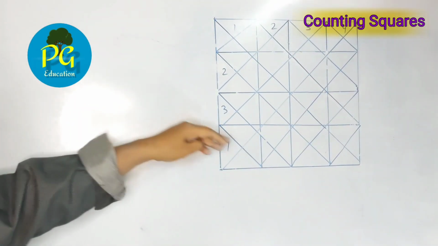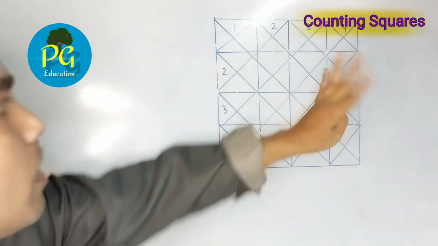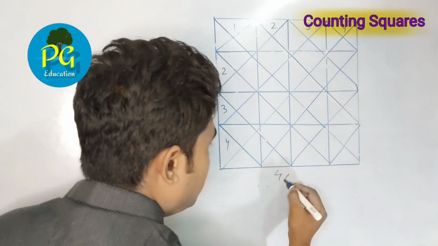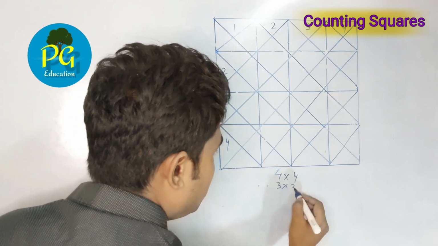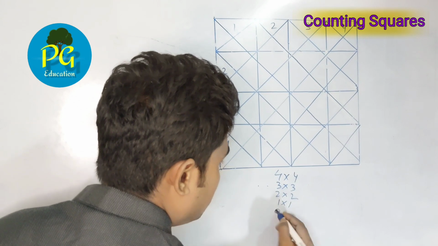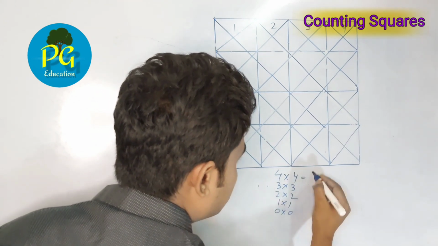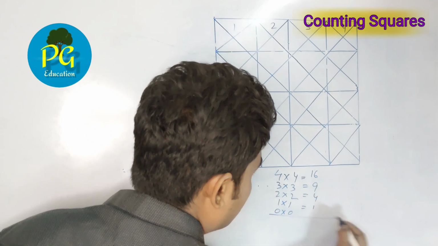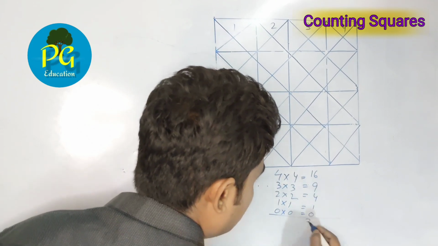So the number of rows is 4 and the number of columns is also 4. So 4 into 4, 3 into 3, 2 into 2, 1 into 1. That means 16, 9, 4, 1, which means 30.